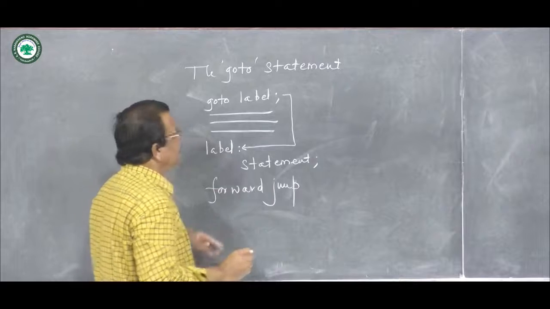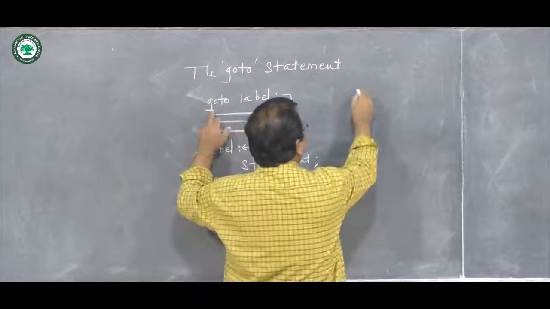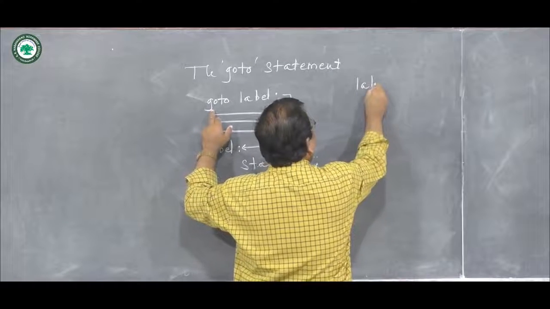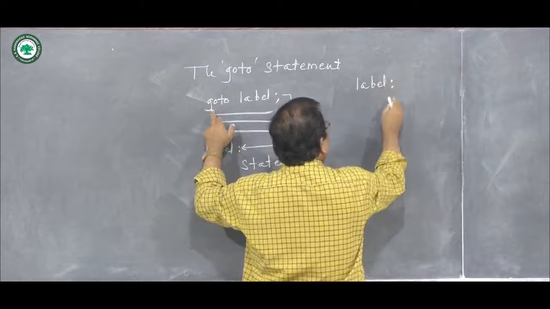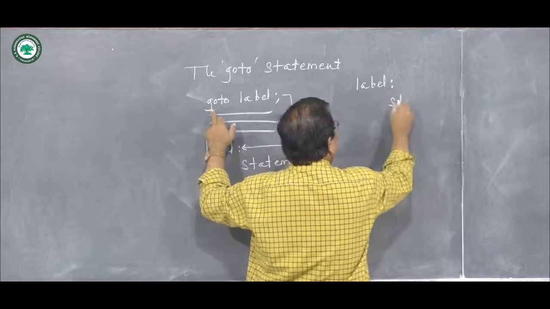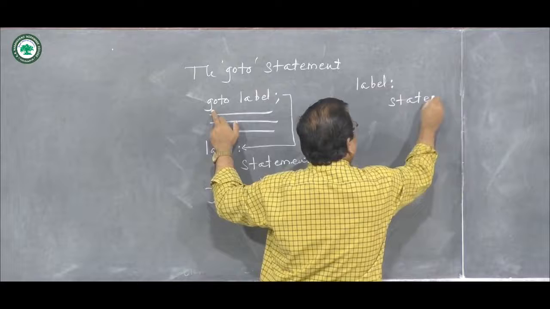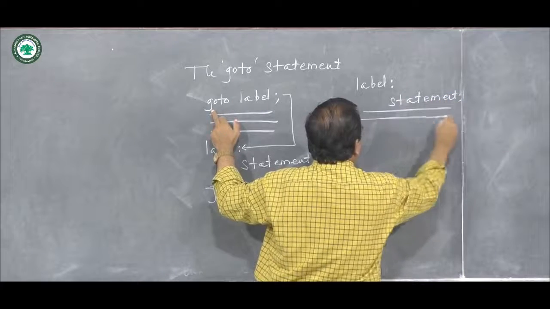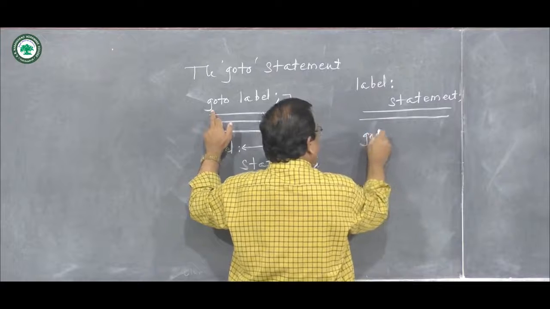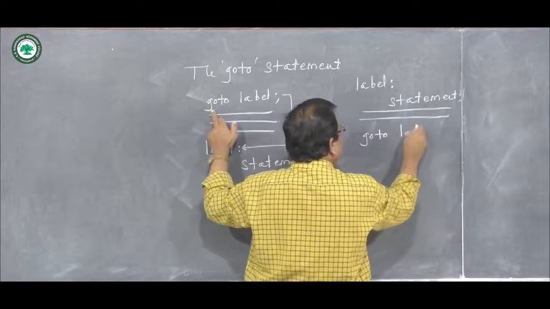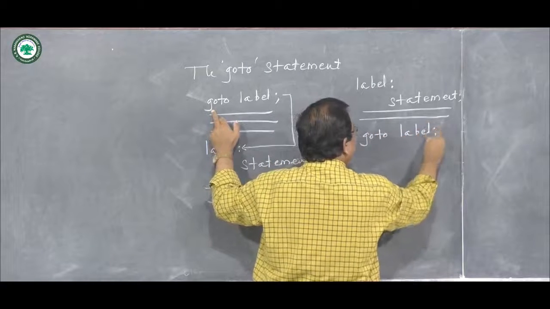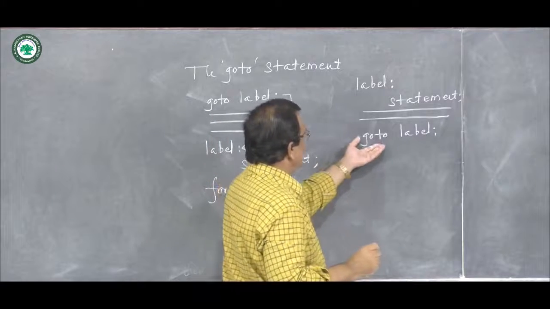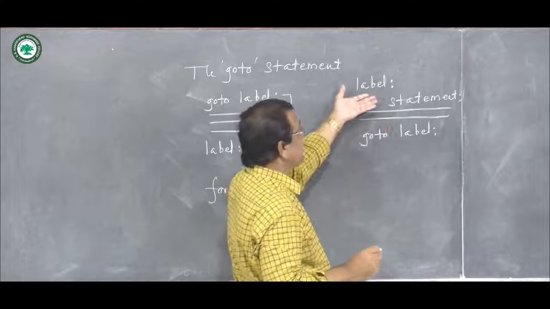And then another format is here: label, target statement, few C statements, and then goto label. So in this case what will happen? Goto is appearing after the target statement.